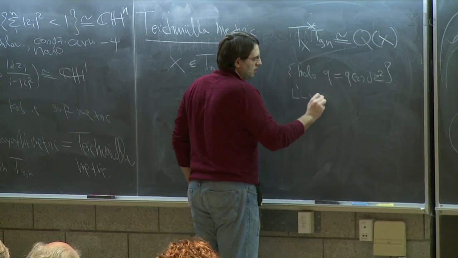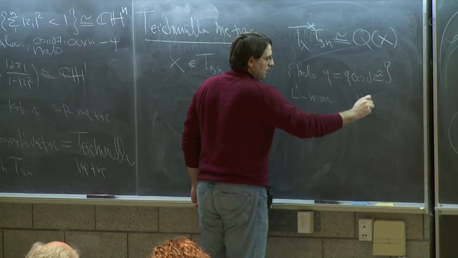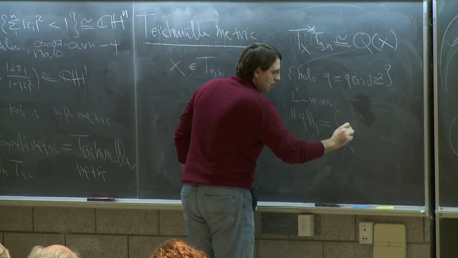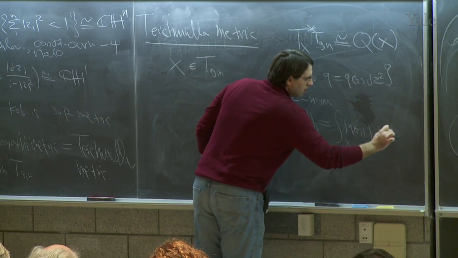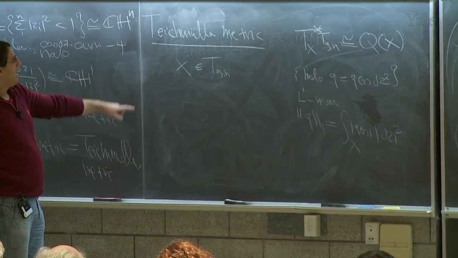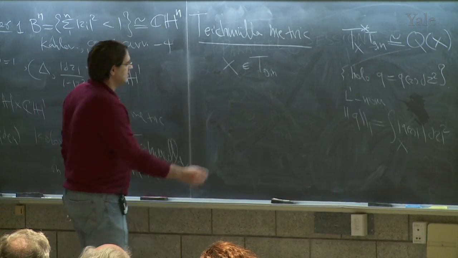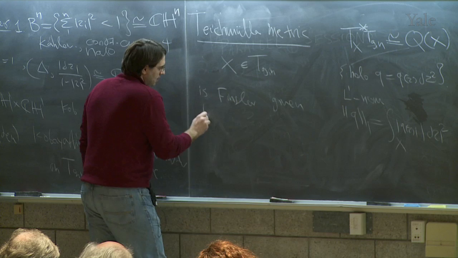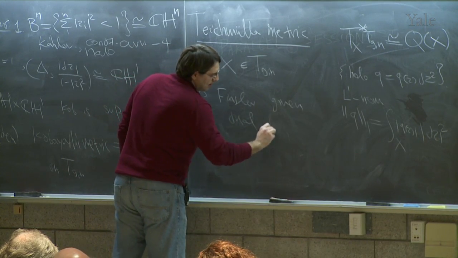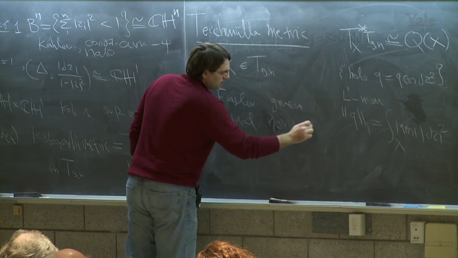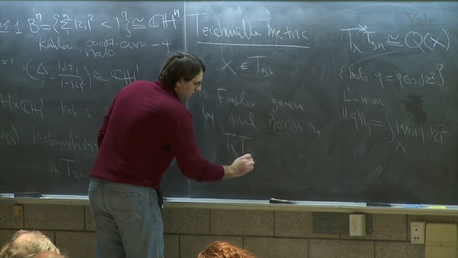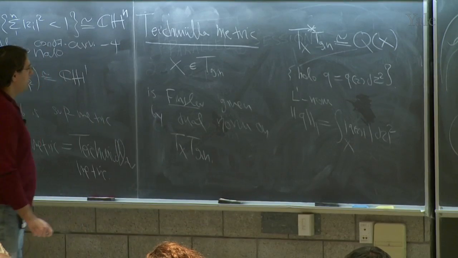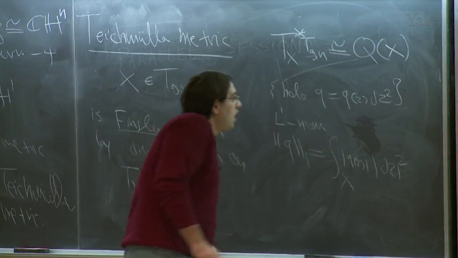It has an L1 norm given by integrating this quadratic differential over the Riemann surface. And the Teichmüller metric is just the dual metric. So it is a Finsler metric given by the dual norm on tangent spaces.